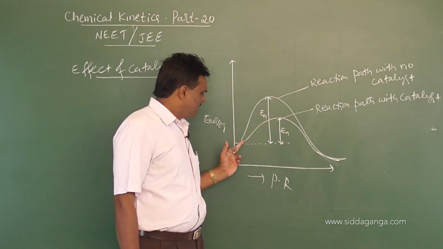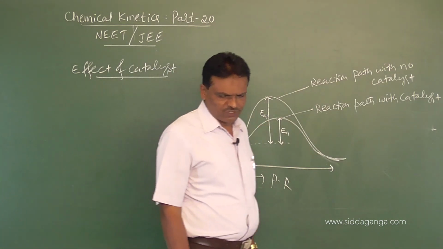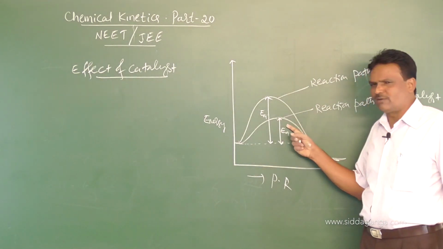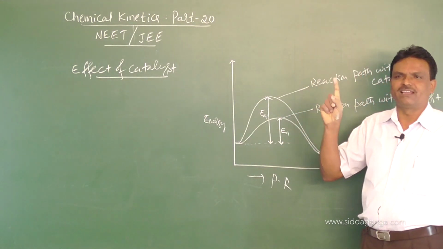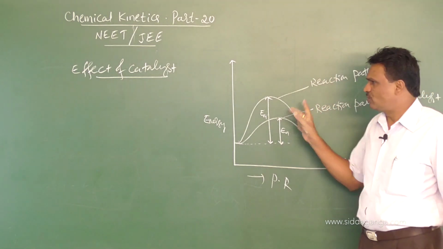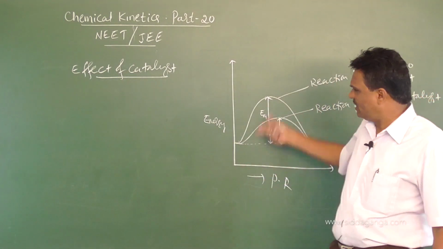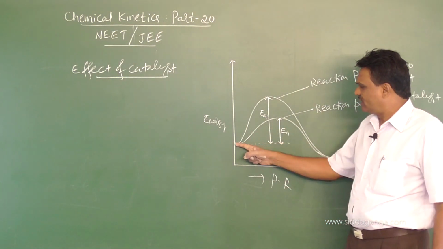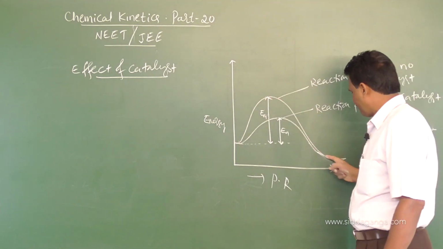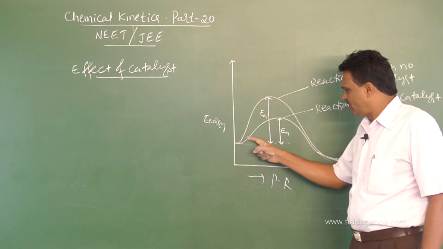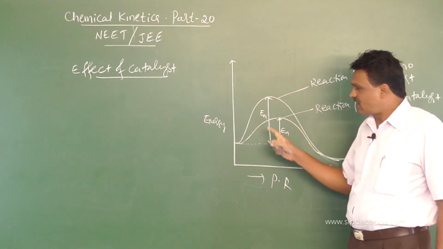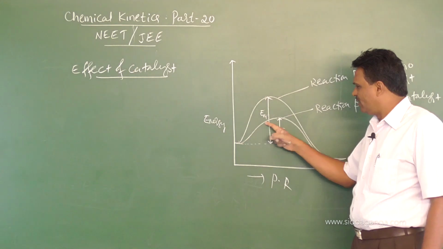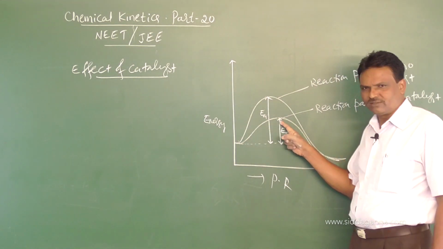A catalyst decreases the energy of activation by altering the reaction path involving lower energy of activation. Lower the energy of activation, higher is the rate of reaction. So what is the effect of catalyst on the rate of reaction? Observe, here the catalyst is not used in this reaction. When a catalyst is used, the reaction path is altered, involving lower energy of activation.